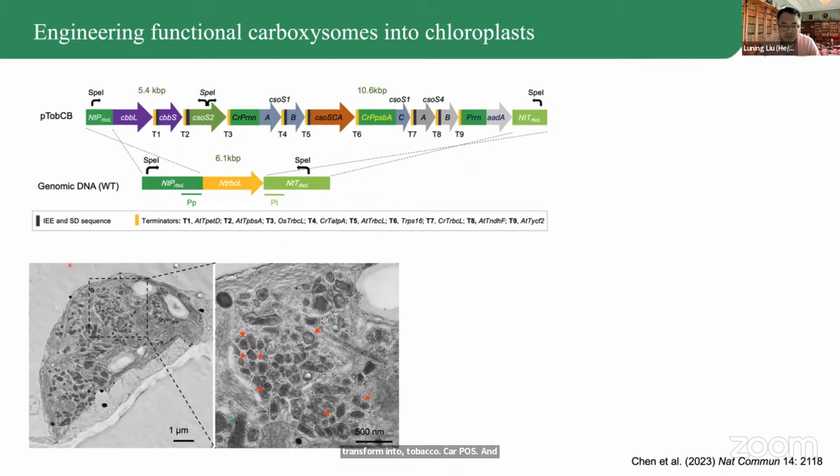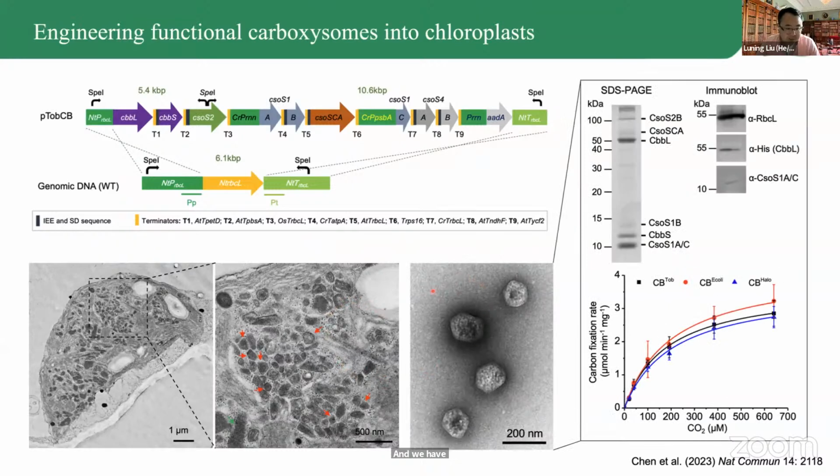Electron microscopy on the leaf chloroplast shows there are indeed carboxysome-like structures formed, and we further isolated the carboxysomes and did biochemical analysis using SDS-PAGE, immunoblot, and mass spec to confirm all 9 carboxysome proteins can be expressed and integrated into the isolated carboxysome.